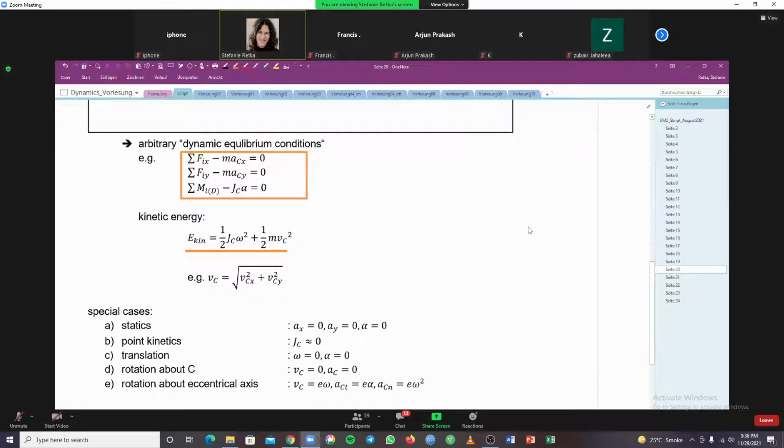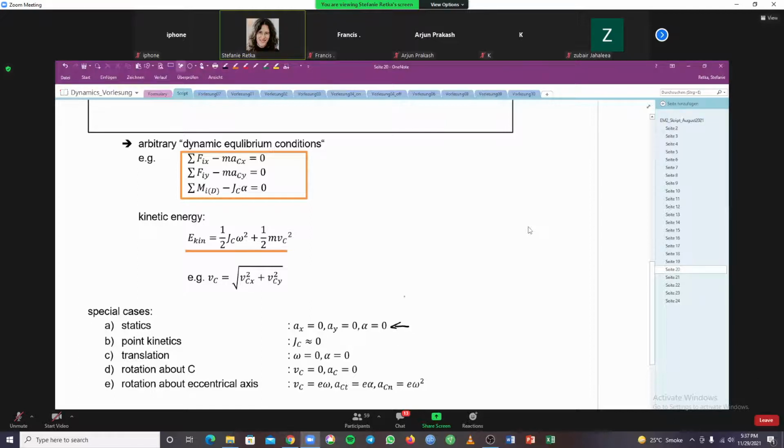And here are 5 special situations. First one would be a static system. In case of a static system, all the accelerations are 0. Of course, then the second part of all these equations of the dynamic equilibrium conditions vanishes.